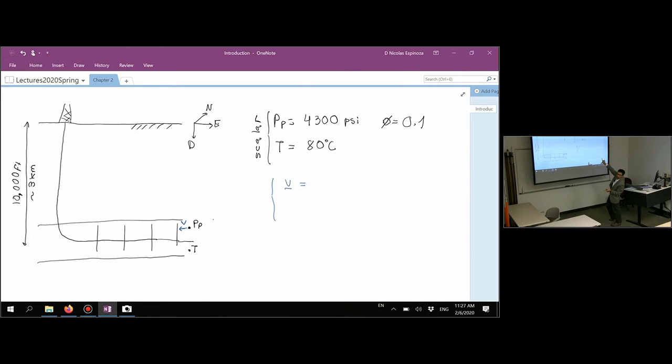So it's going to be like that. And you will see that if you use your right hand, you can make this right-handed coordinate system. If you try with your left, that's not going to work. So that's why it's called a right-handed coordinate system. So this is going to be 1, this is going to be 2, and this is going to be 3.